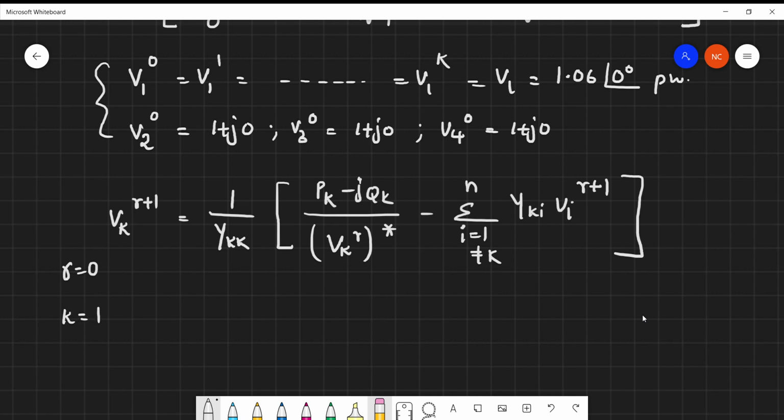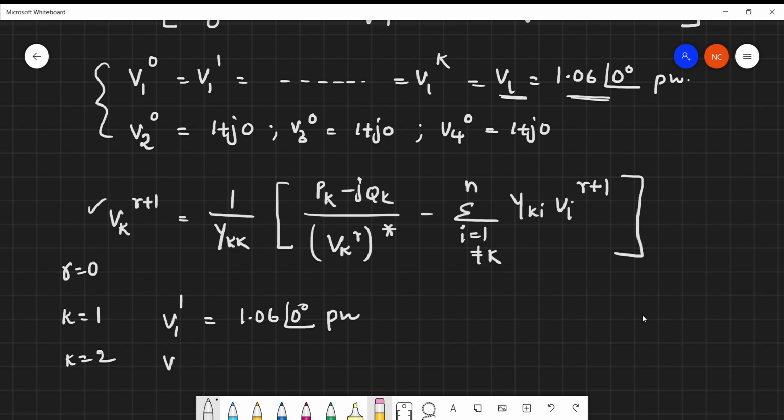If k equals 1, from this equation what I can write is V1 prime. There is no point in doing any calculations here, because we all know that bus 1 is a slack bus in this problem. So no matter what the iteration count is, it will be the same value. Okay. Now the k count needs to be increased, that is k equals 2.